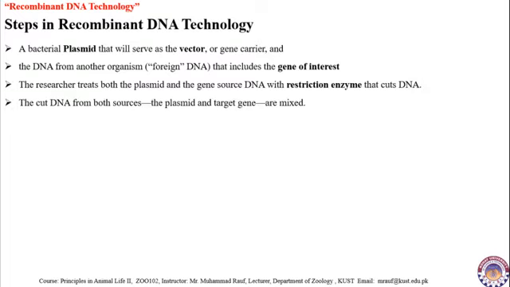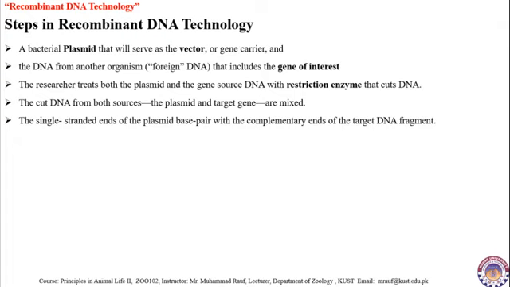So the restriction enzymes cut DNA from both sources. The plasmid and target gene are mixed. The single strand ends of the plasmid base pair with complementary ends of the target DNA.